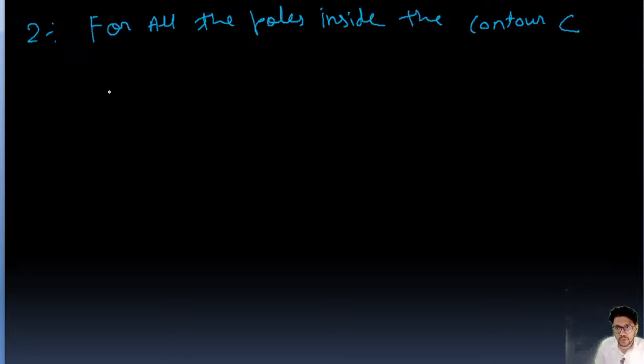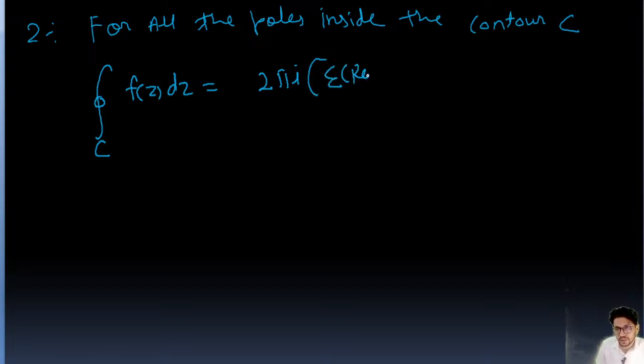In that case, the closed contour integration of f(z) dz is going to be equal to 2 pi i into the sum of residues. So this is the second point.